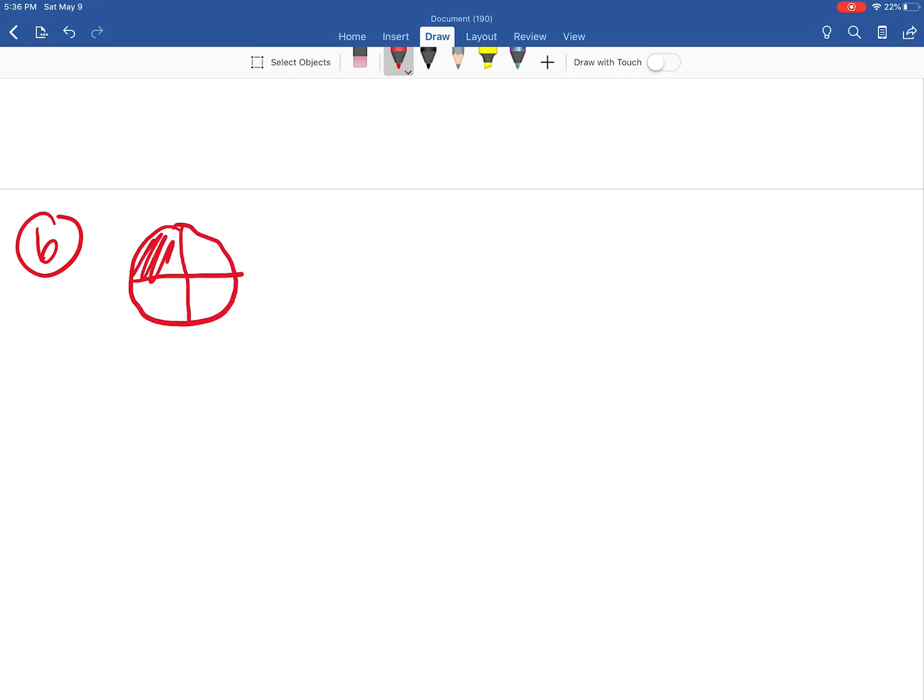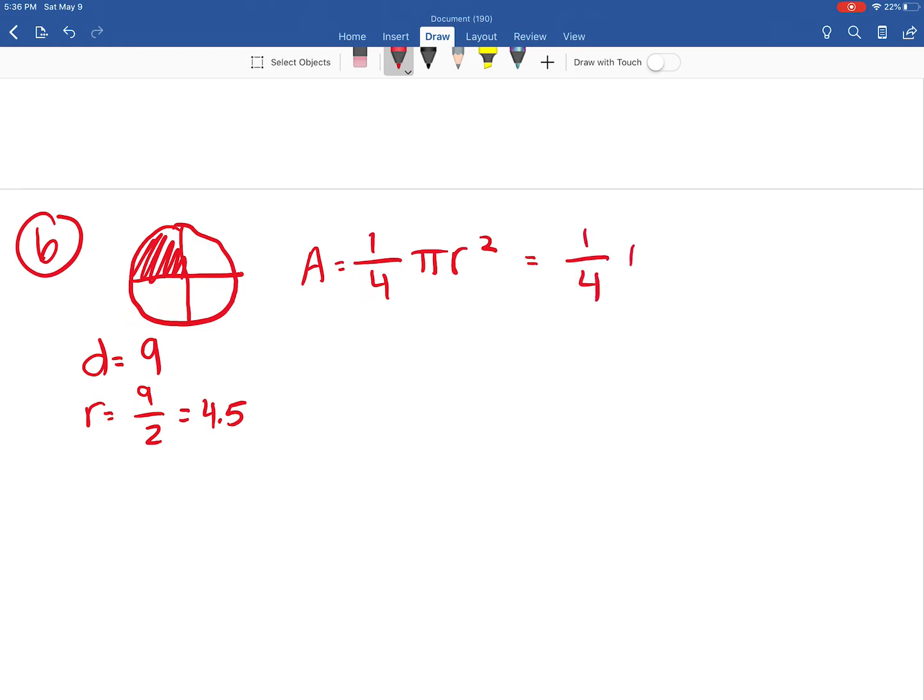Well, it says it's round, and I'm only covering 1/4 of it in these roses. So the area that they would cover would be the area of a circle, but I'm only looking at 1/4 of it, 1/4 pi r squared. They tell me the diameter is 9, which means the radius would be 9 divided by 2, or 4.5.